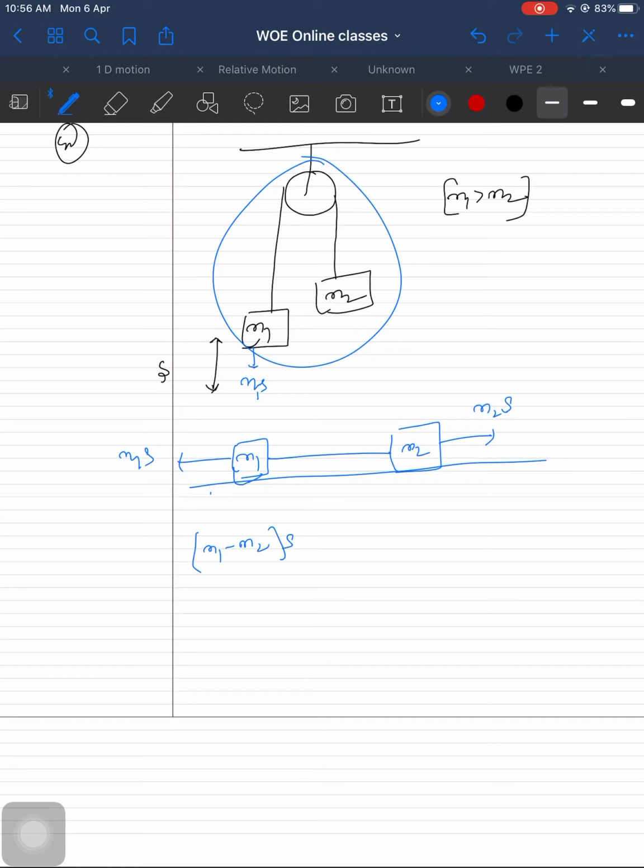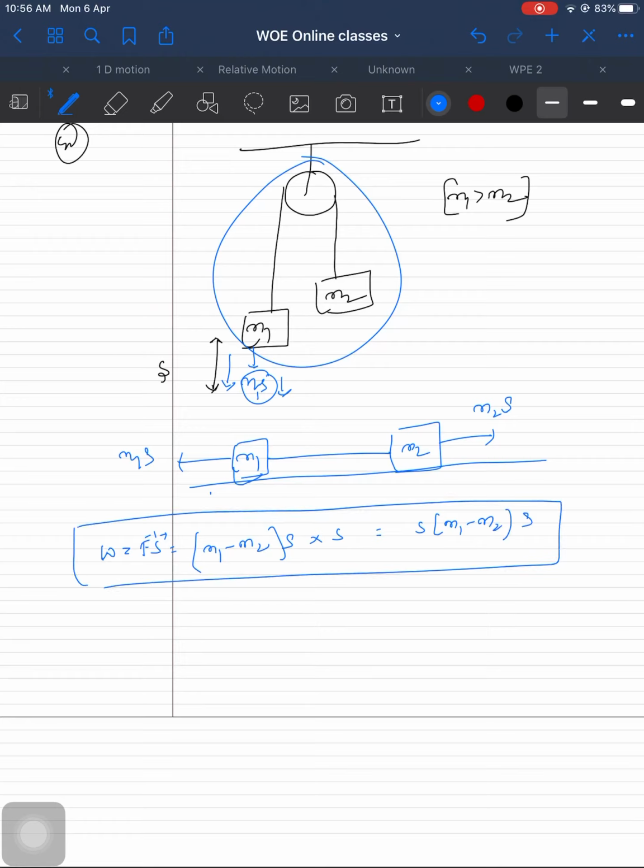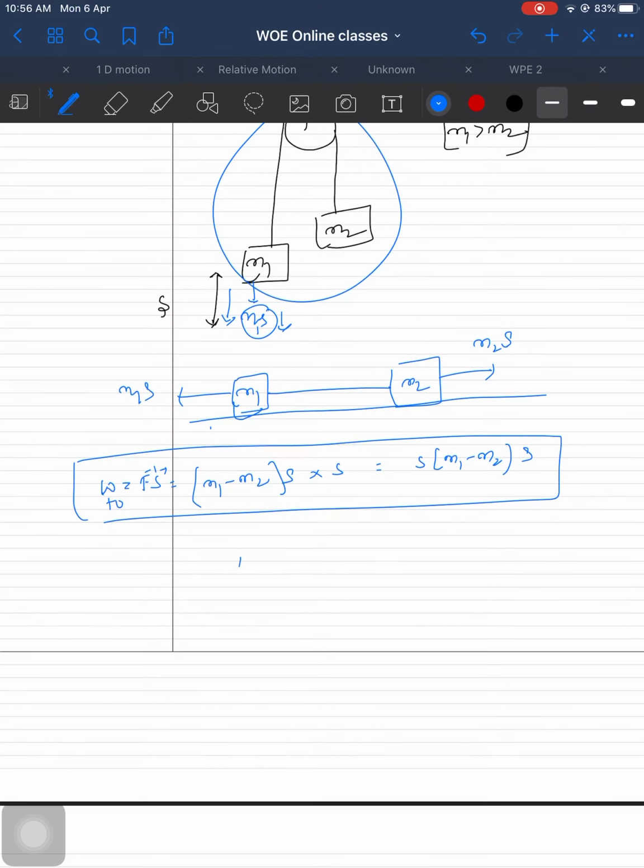And how much is the displacement? Work done is equal to force into displacement. Since m1g is greater, the force is in the downward direction and the displacement is also downward. So s into m1 minus m2 into g is the total work done by the force. This is the total work done, not the work done by the tension.